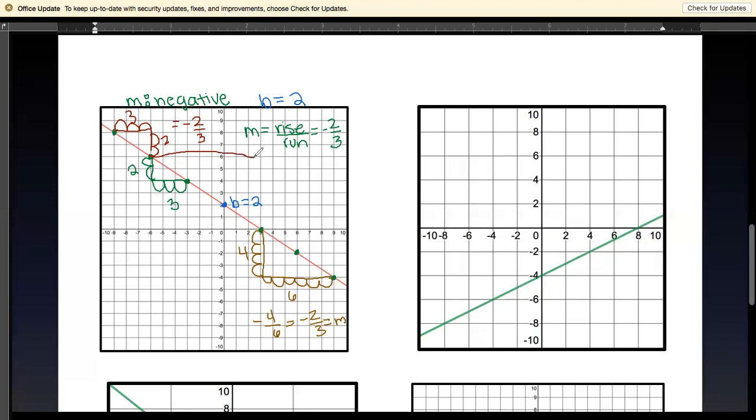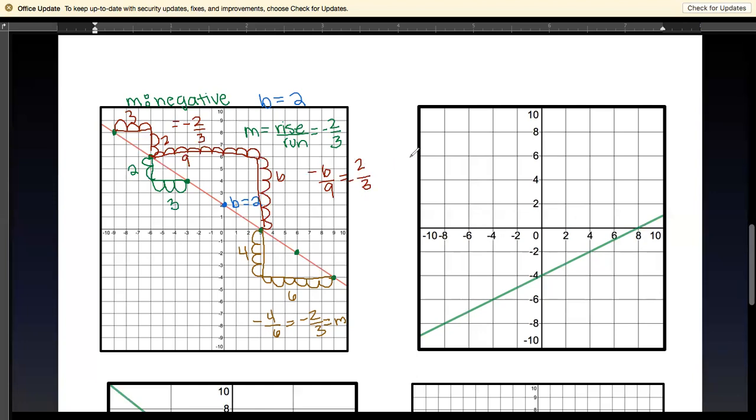This is what I did first. 1, 2, 3, 4, 5, 6. 1, 2, 3, 4, 5, 6, 7, 8, 9. If I did this first, I would not just leave it as -6/9 because I know that number reduces, because 3 goes into both 6 and 9. So 6 divided by 3 is 2. 9 divided by 3 is 3. So my slope is -2/3.